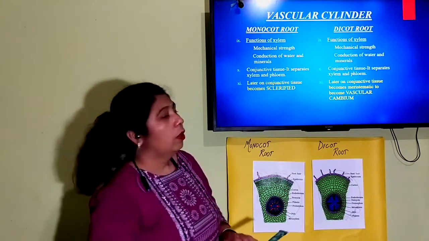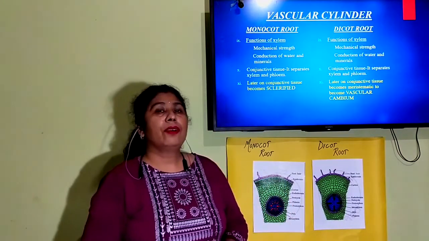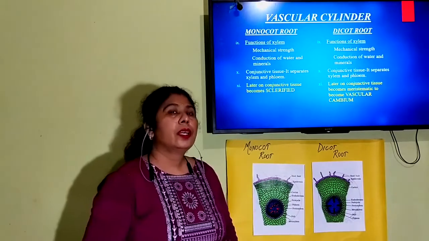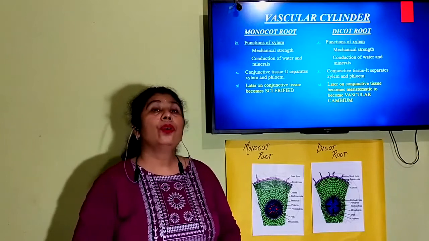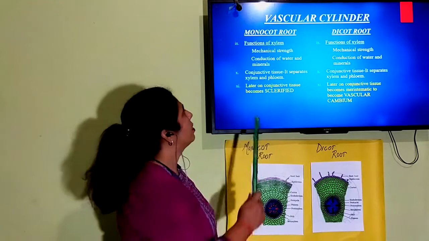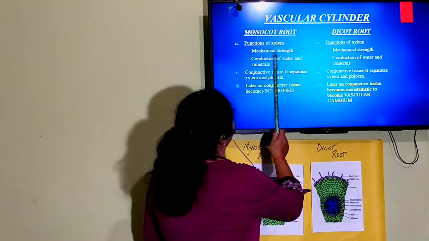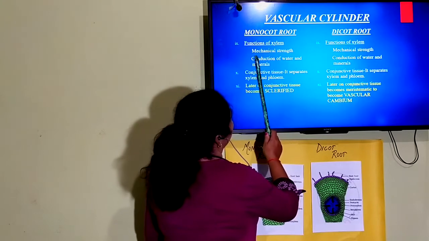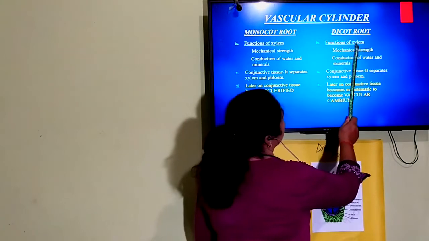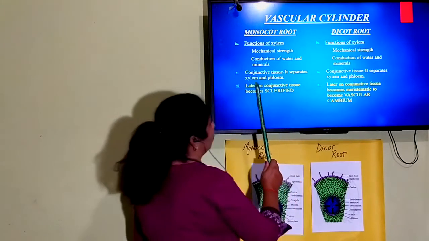Now, it's very necessary to know the functions of the xylem in both types of roots. In the monocot root, mechanical strength is provided by the xylem. Same here, mechanical strength is provided to the dicot root also.